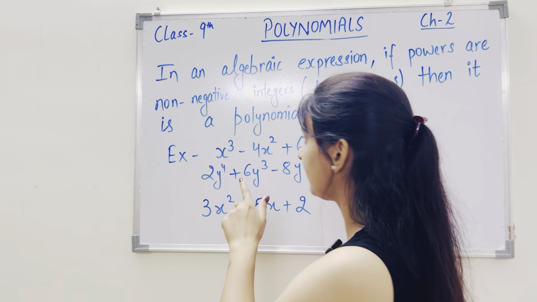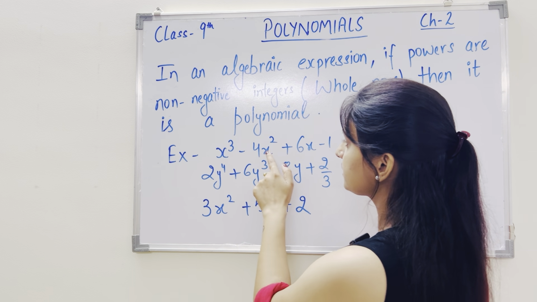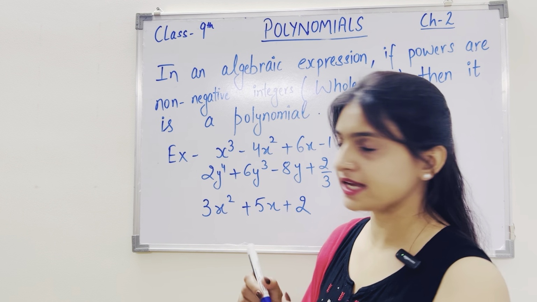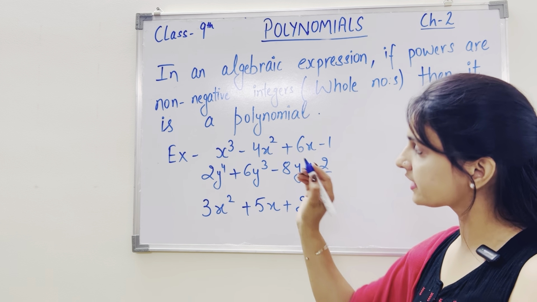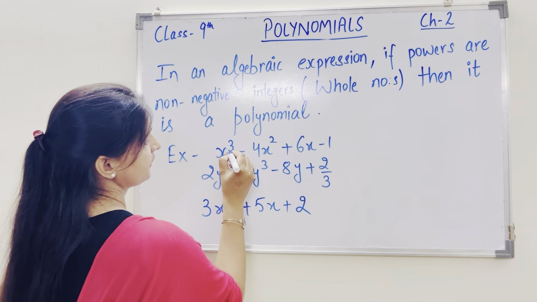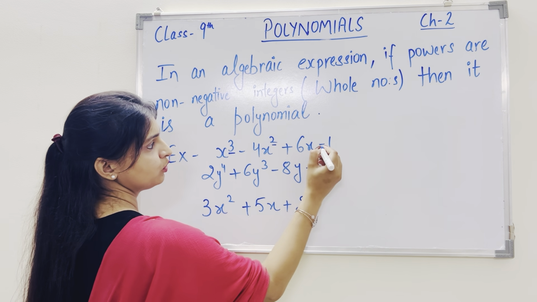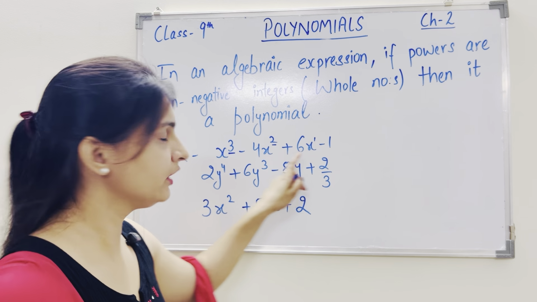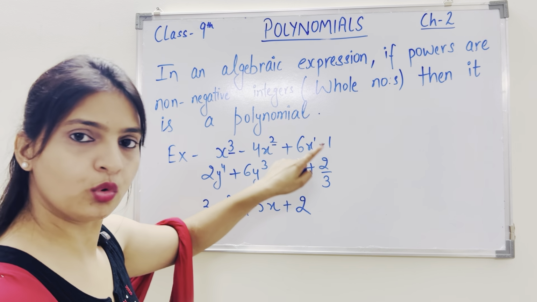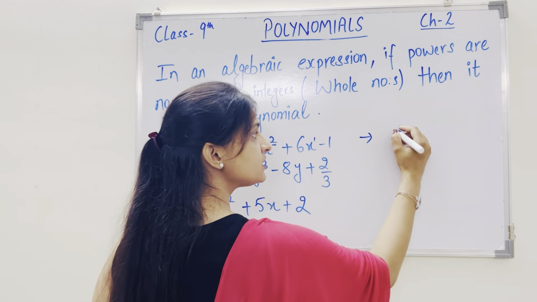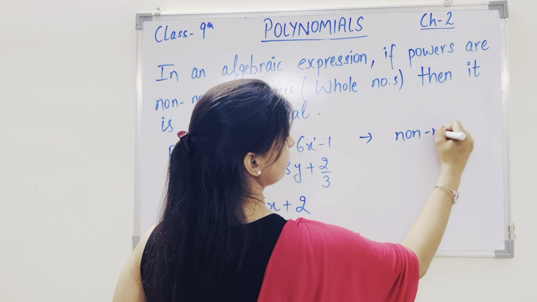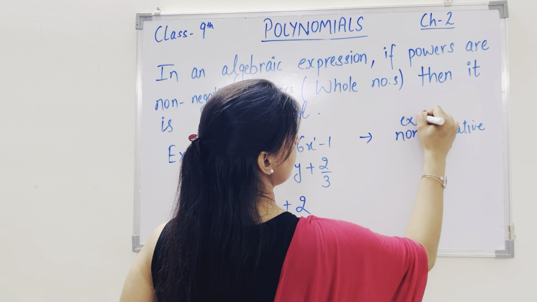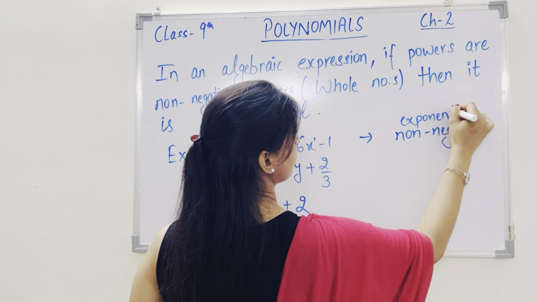I have taken some examples here, like x cube minus 4x square plus 6x minus 1. As you can see, the powers or exponents here, what are the exponents in this expression? 3, 2, or here 1. As you can see, all the exponents are non-negative here.